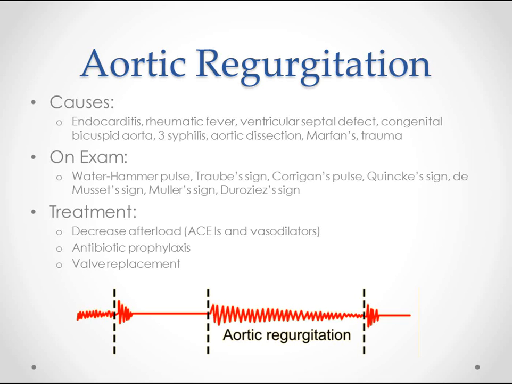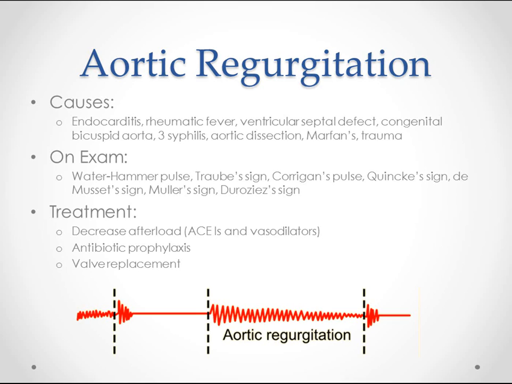Quincke sign is a pulsatile blanching and reddening of fingernails upon light pressure. So, when we blanch the fingernails to check for capillary refill, if we just give a light pressure on the end of the finger, then you can see blood kind of squirting into the fingertips there. De Musset sign, I'm not sure how that one's supposed to be pronounced, but that's the head bobbing, where the carotid pulse is so vigorous that you see people's head bob due to the pressure.